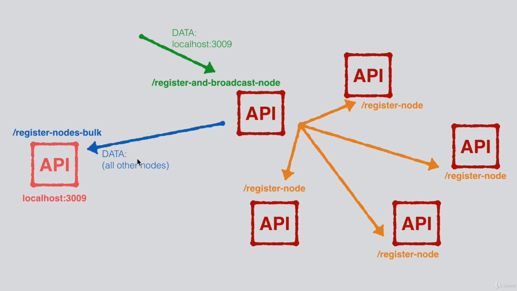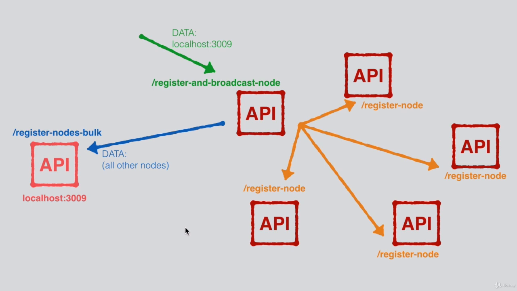So what this call will do is it will register all the other nodes that are already present inside of our network. It will register all these nodes with our new node. And that's it. At this point, this node is now part of the network, and all of the nodes inside of the network will be aware of all the other nodes present in the network as well.